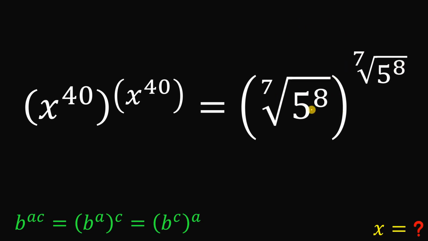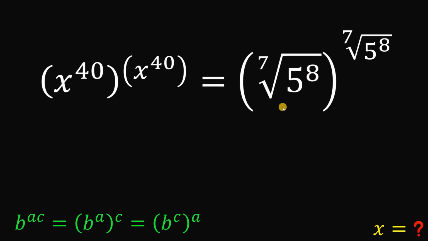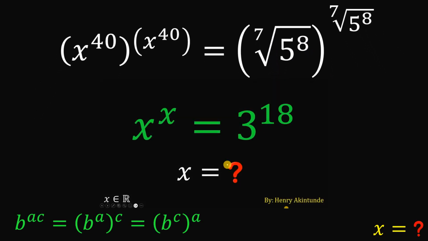Also, one thing to notice is that the 7th root of 5 raised to the power of 8 must be greater than 1, because 5 raised to the power of 8 must be greater than 5 raised to the power of 7. Why is this important? Because I have here a video that tells us that if the number is greater than 1, then we have only one possible solution.